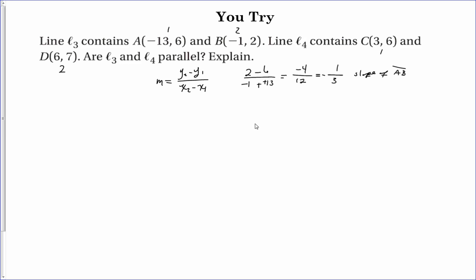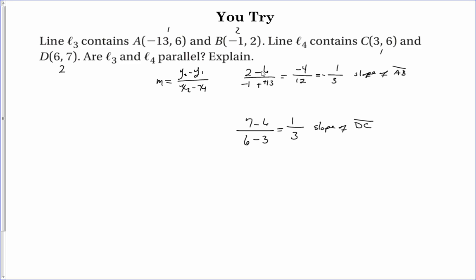Now let's find the slope of CD. So we're going to have 7 minus 6 over 6 minus 3. 7 minus 6 is 1. 6 minus 3 is 3. So 1/3 is the slope of CD, or DC, however you want to write it, doesn't matter.